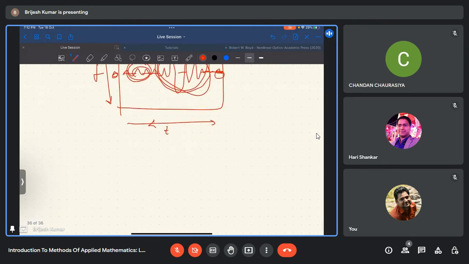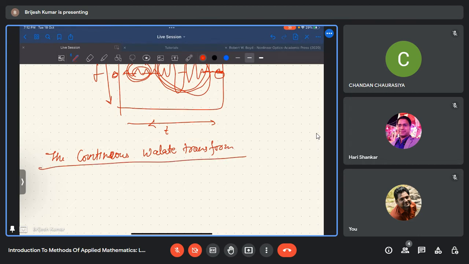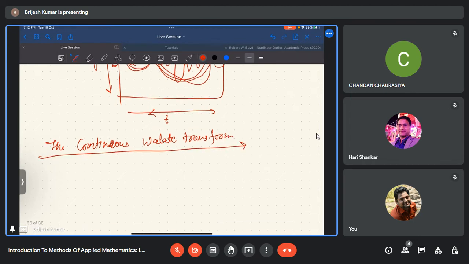Okay, so in this multi-resolution analysis comes the term continuous Wavelet transform. The continuous Wavelet transform was developed as an alternative approach to the short-time Fourier transform approach.